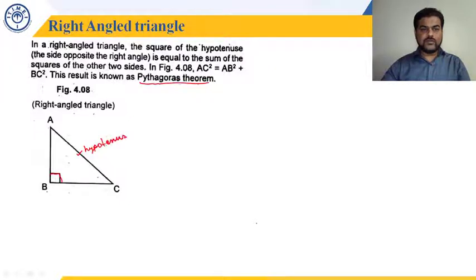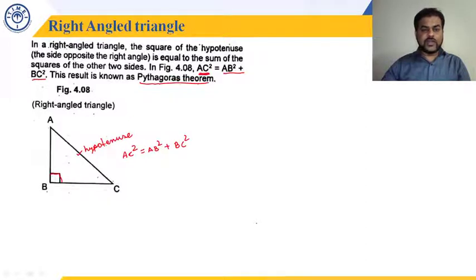So Pythagoras theorem says that AC square, the square of the hypotenuse, will be equal to the sum of squares of AB and BC. So we can say AC square, the square of the longest side, is equal to AB square plus BC square.